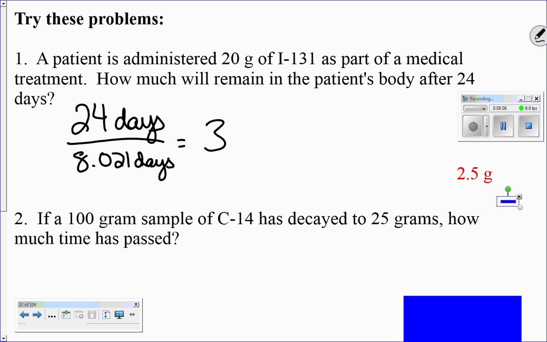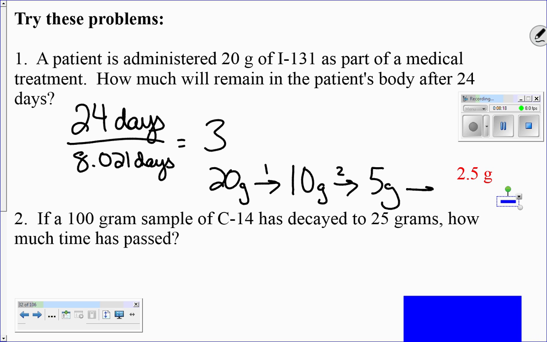We're then going to take our initial 20 grams, chop it 1 time to 10 grams, chop it 2 times to 5 grams, and my third chop is what takes me down to my 2.5 grams. So remember, each one of these chops is representing approximately 8 days. My first 8 days, my second 8 days, and then my third 8 days give me that total 24 days.